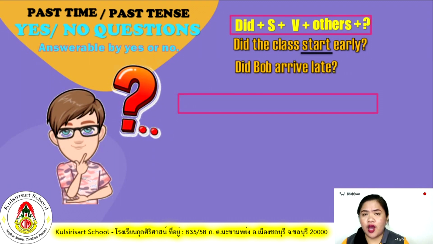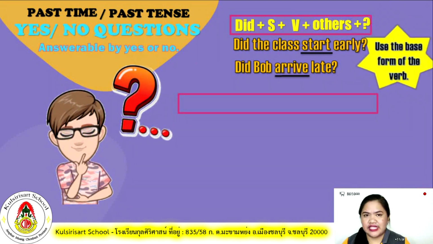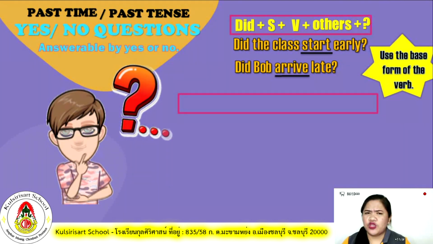Next, we have did Bob arrive late? The verb there is arrive. The same, we use the base form of the verb. Again, when you are using did, do, or does in any sentences as a helping verb, do not forget to use the base form of the verb.